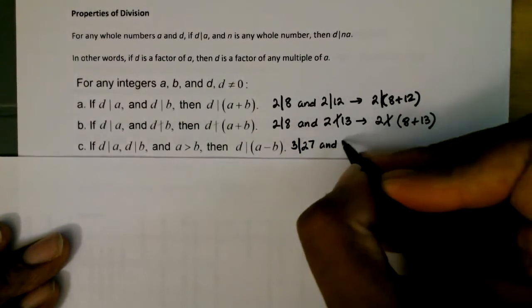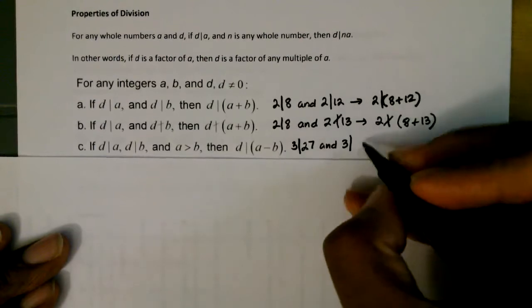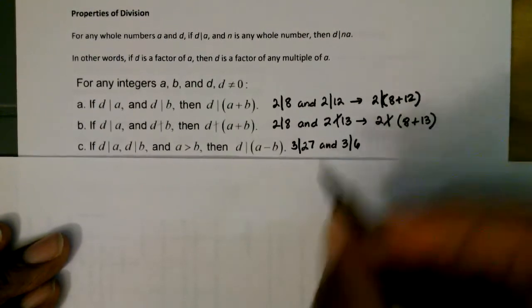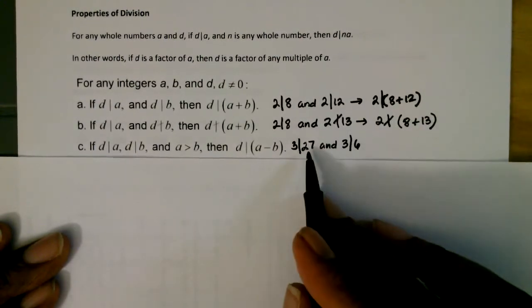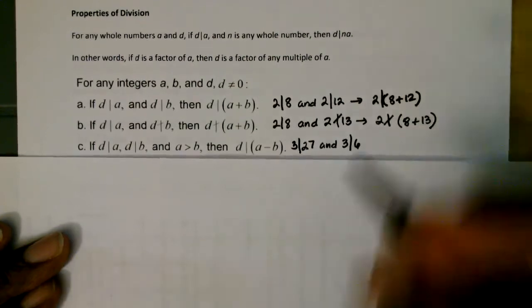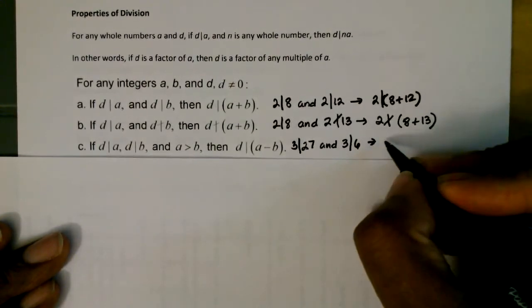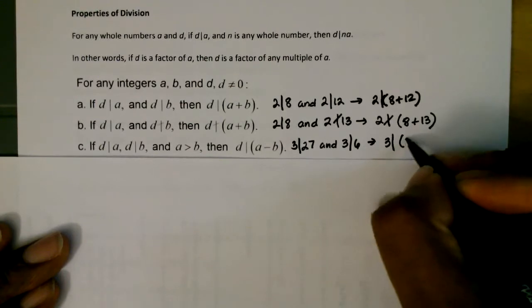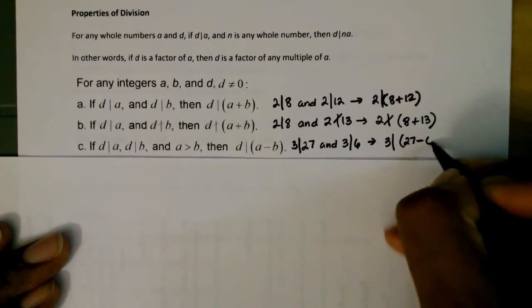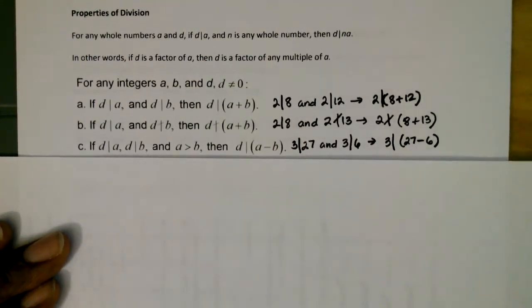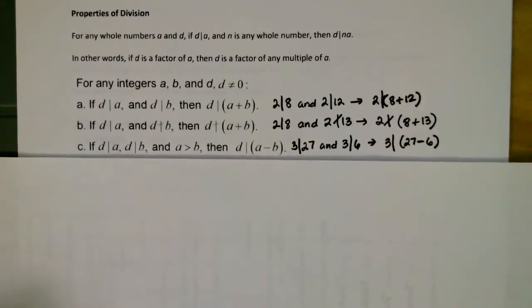And of course, 3 divides 6. Well, here, this number 27 is greater than 6. So that means if I do 3 divides the difference of those two, 27 minus 6 will be 21. And 3 does divide 21. So that's what that property is stating.